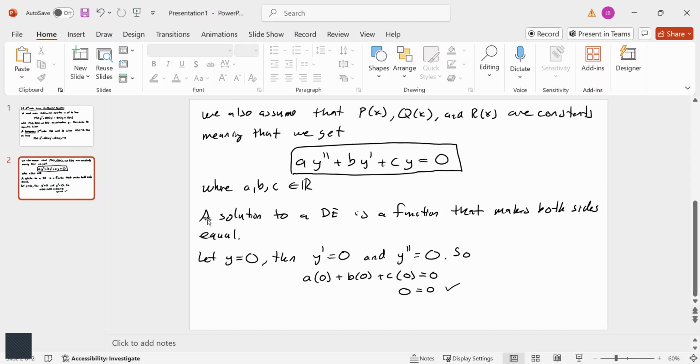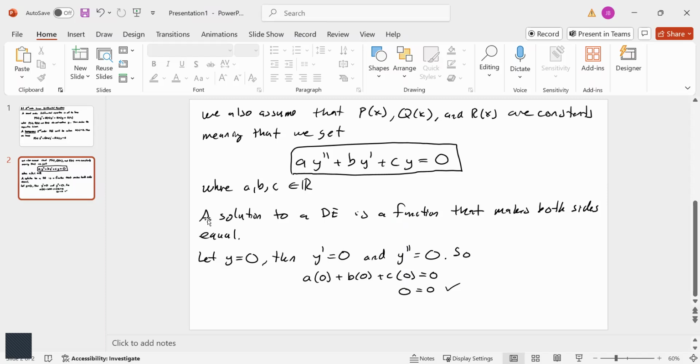So this tells us two things. Number one, a constant solution is still fine, right? We can still get solutions that are just numbers. But this also tells us that no matter what second order, linear, homogeneous differential equation you have with constant coefficients, in this case right now, the answer y equals zero is always a solution.